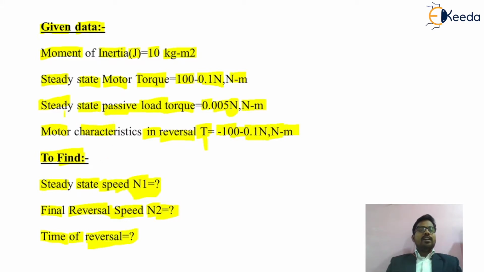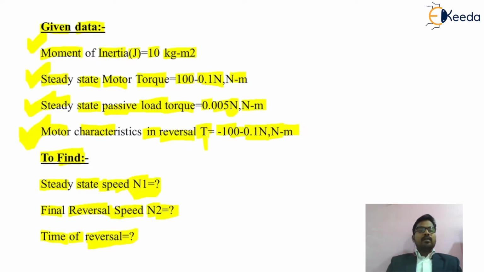So in the problem we have the value of J, that is the polar moment of inertia, the steady state motor torque Tm, the steady state passive load torque, which is 0.005 N Newton meter, and we have the motor characteristics when the speed reverses.